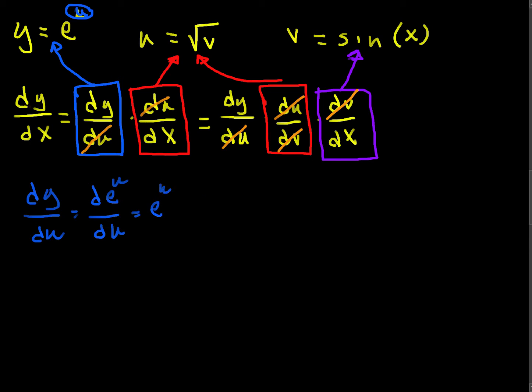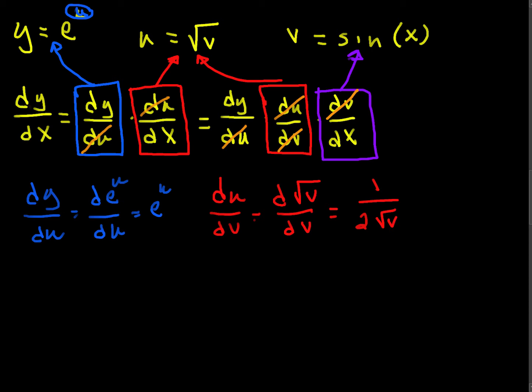What is du dv? Well, du dv is the differential of the square root of v dv, which is 1 over 2 square root of v.